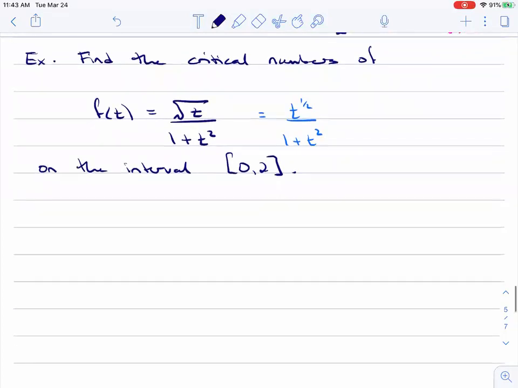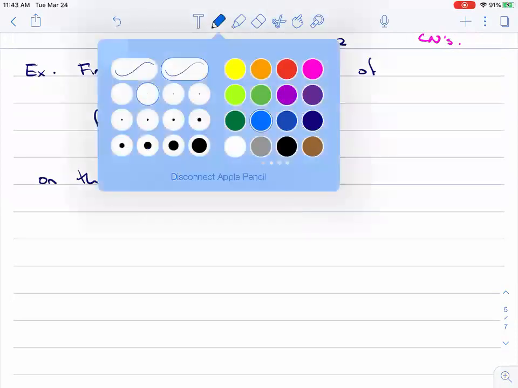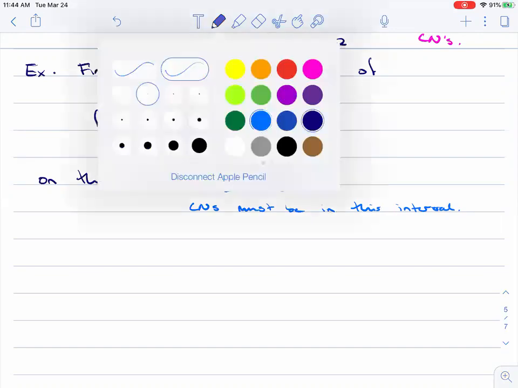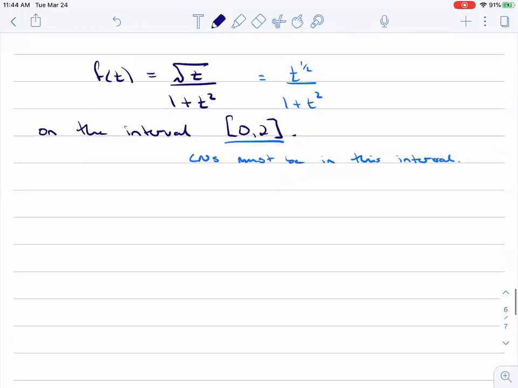So keeping in mind now that we're on this interval, our critical numbers must be in this interval, is what that means. Otherwise, they're not going to be critical numbers that apply to us. They are for the whole function, but not on this interval. First thing we're going to do is find the derivative.